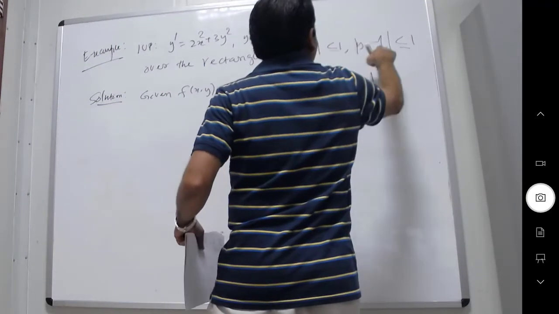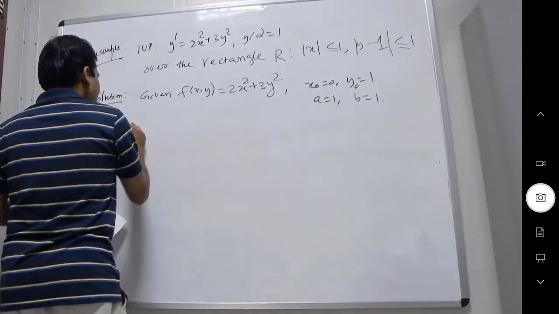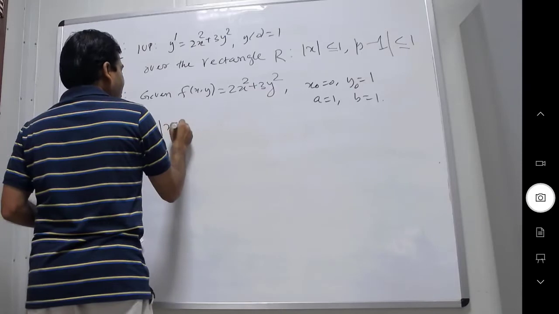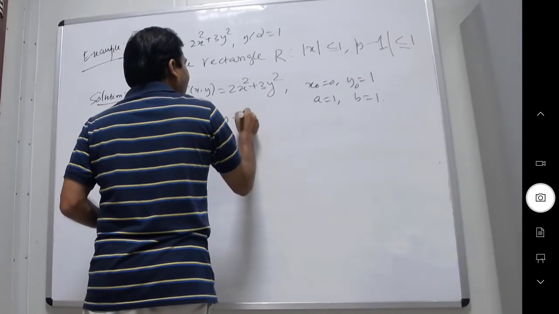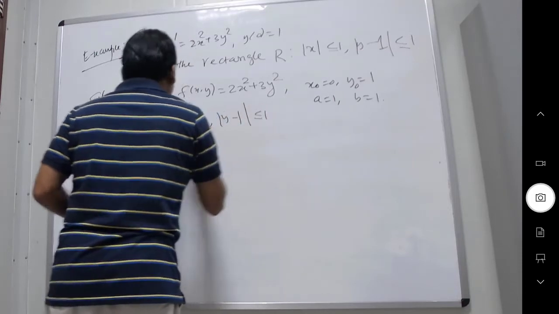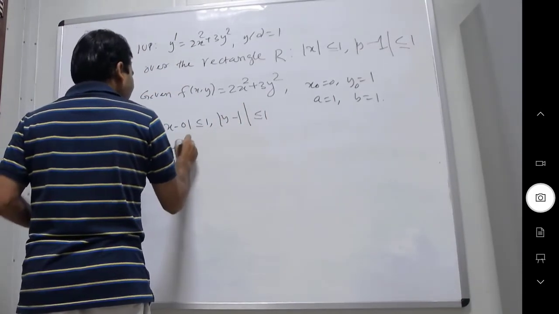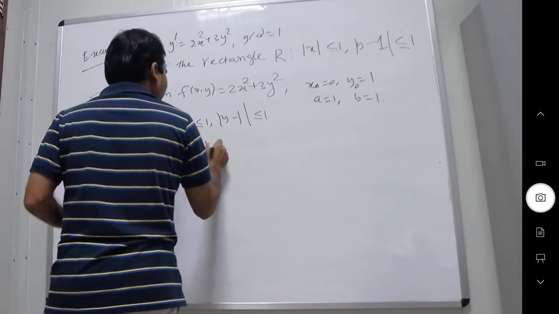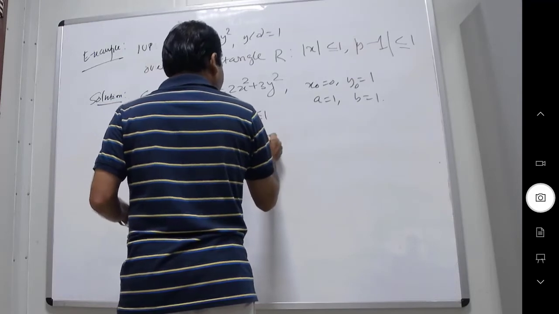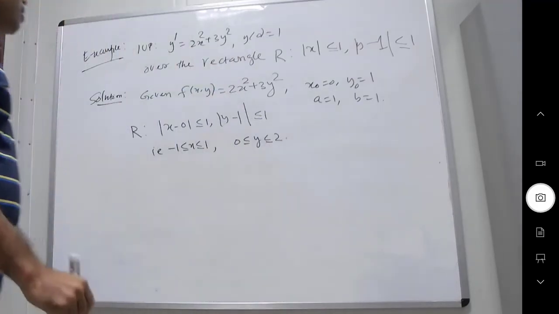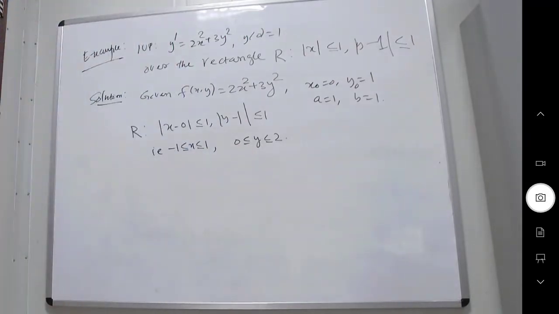What is your R? Mod x is less than equal to 1, mod y minus 1 is less than equal to 1. So that means minus 1 less than x less than 1, and 0 less than y less than equal to 2. So in the rectangle, this is your domain.